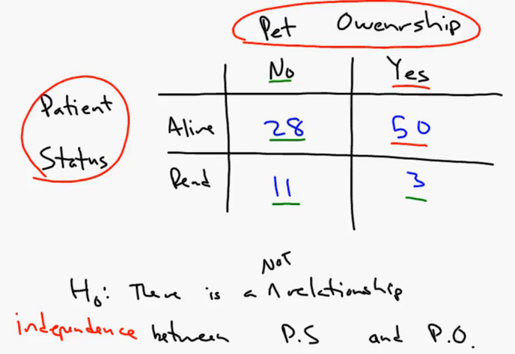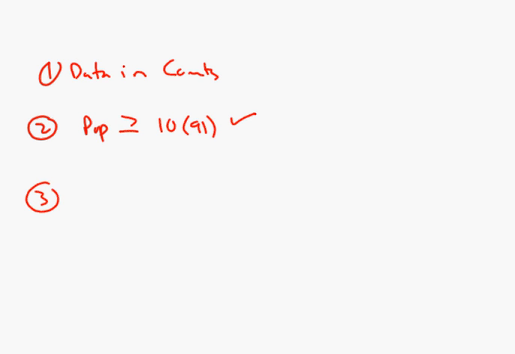We should check our assumptions. Number 1, are all our data in counts, and they are. Number 2, is the population of all people who have coronary heart disease greater than 10 times our sample size, which in this case was 91. I'm going to say yes, it is. Okay. We're going to need to check that all expected counts are greater than or equal to 5.